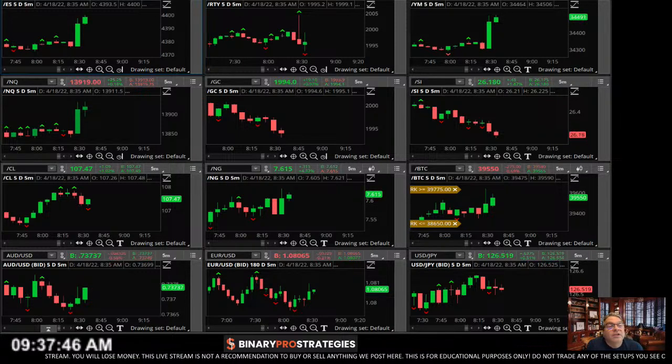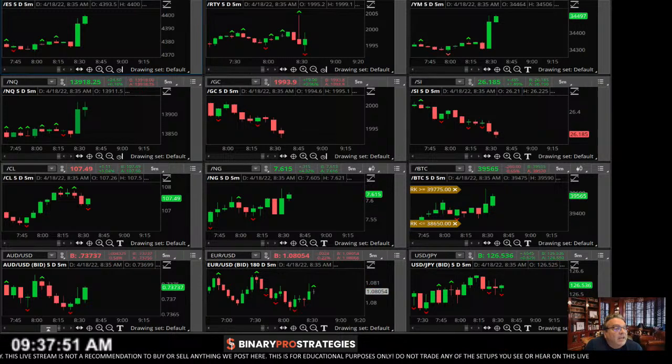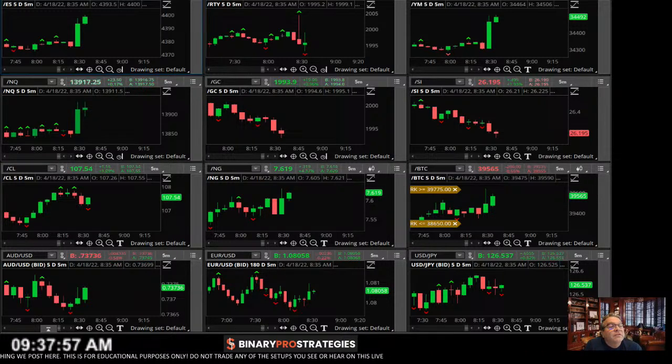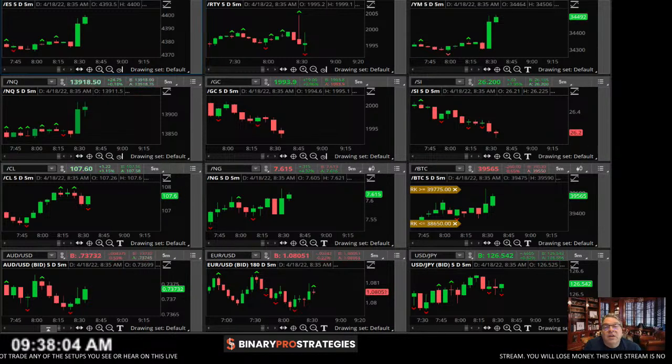Because there's more to trading than just a tool. You have the emotional side, you have the discipline, you have to deal with your fear and greed. You have to be able to pull the trigger when everything else is looking like you shouldn't be. There's a lot more to trading than just having the right tool.